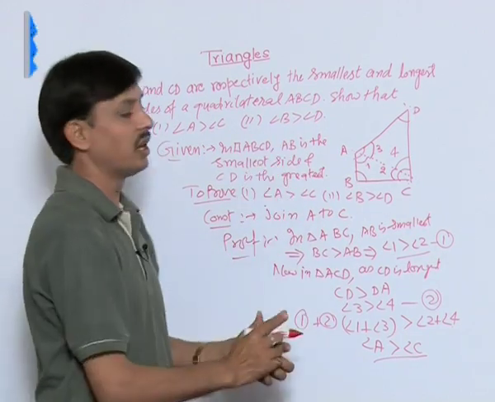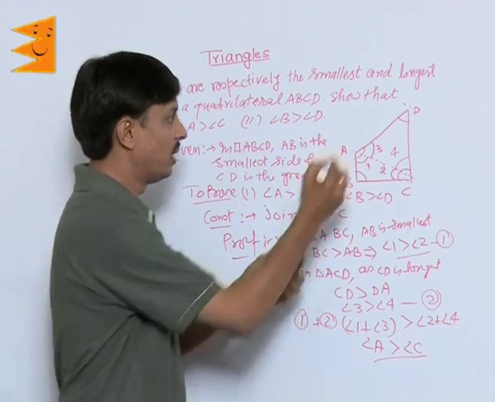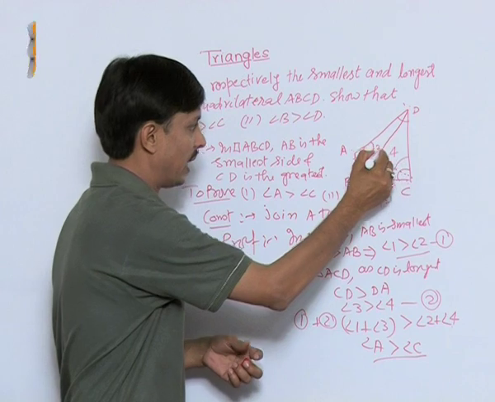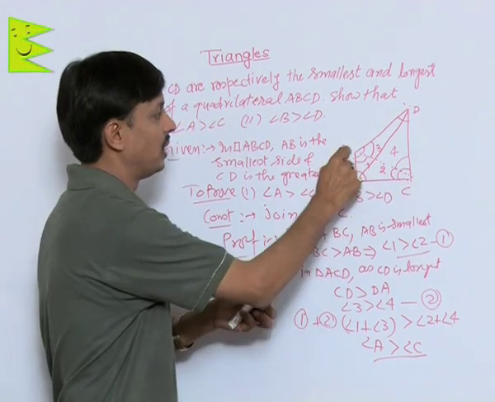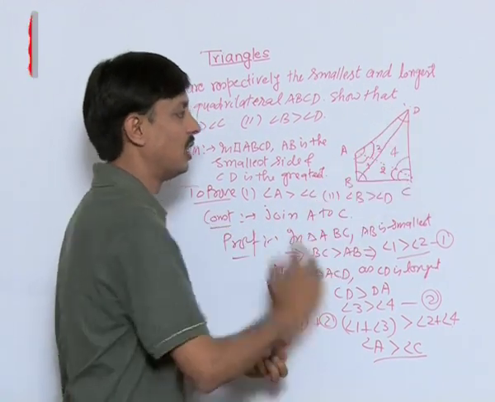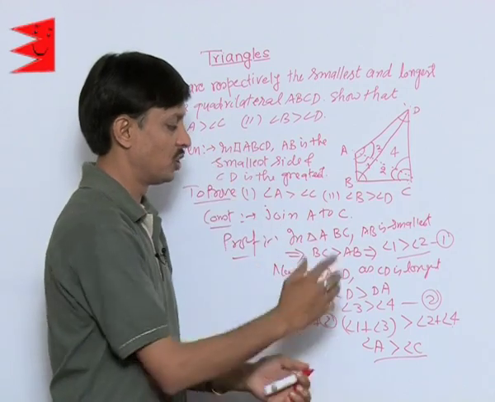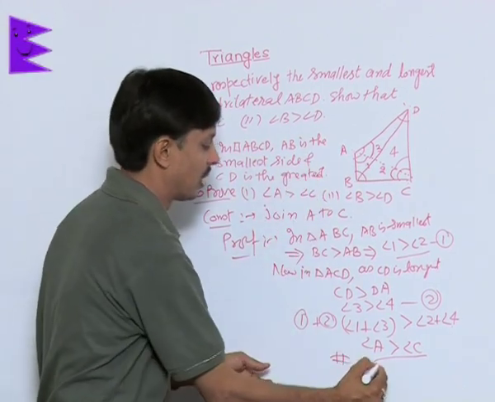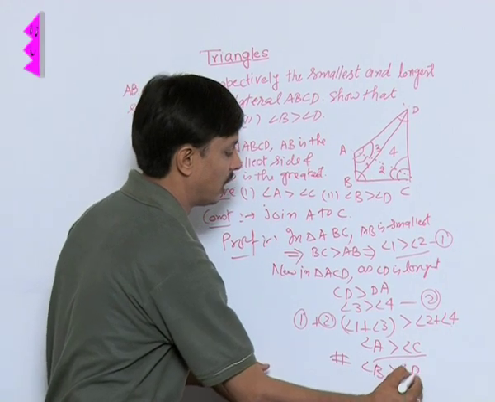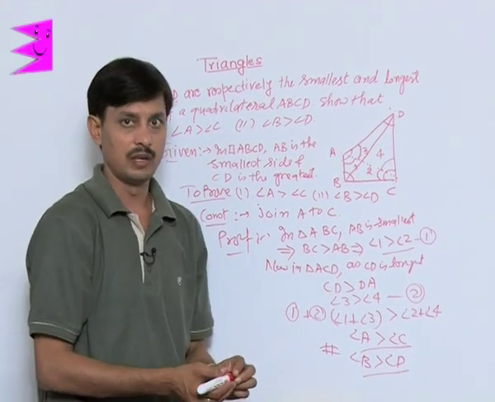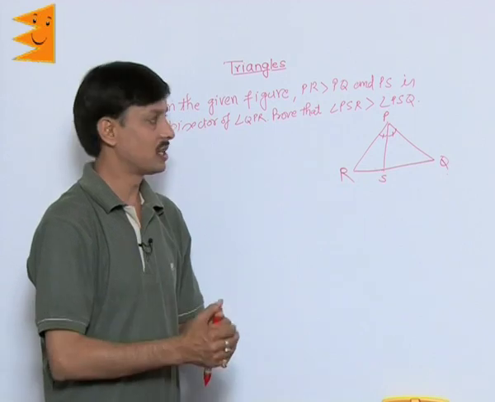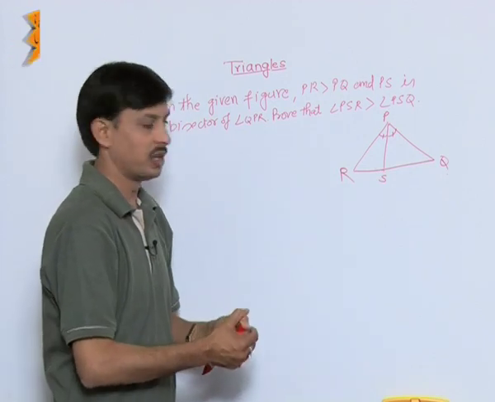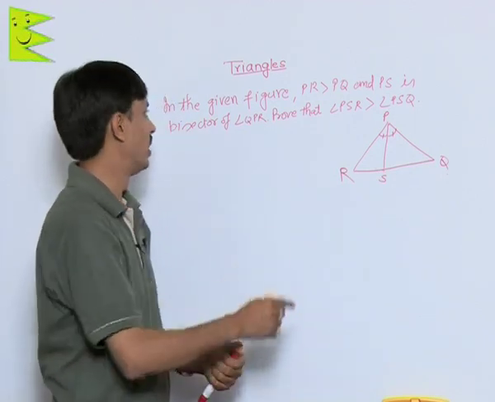Similarly, if you join B to D and take the triangles BAD and BCD with the same procedure, you can also prove the second part, that angle B is greater than angle D. Now I want to discuss one more question based on the inequalities.